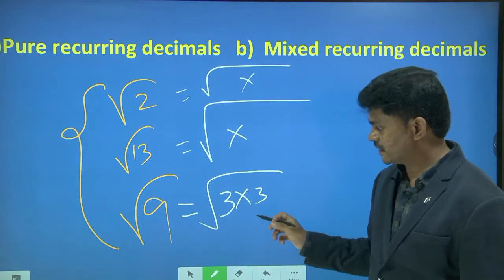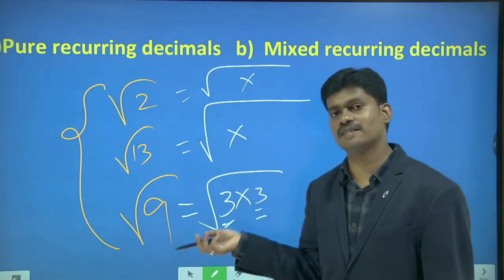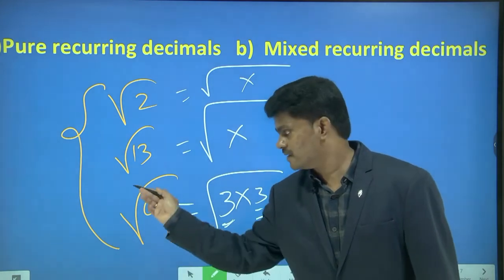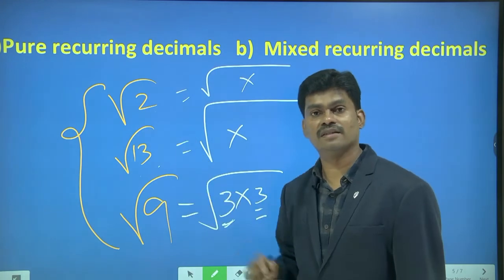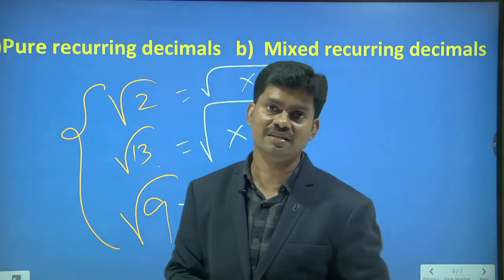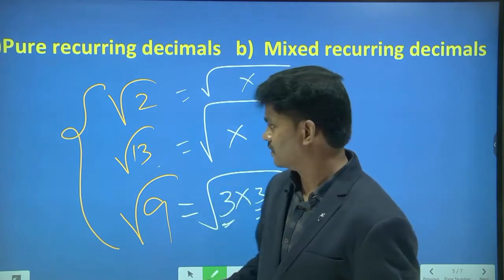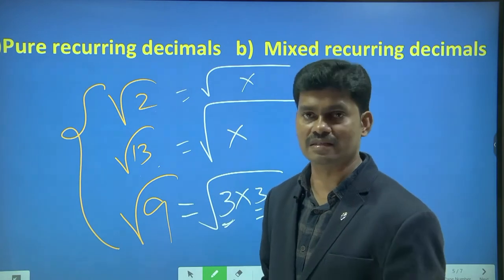So 9 can be expressed as a product of 2 equal factors. 13 cannot be expressed as a product of 2 equal factors since it is a prime and it is under root. 2 is a prime and it is under root. A prime number under a square root is called an irrational number. Now we got some more clarification about irrational numbers.